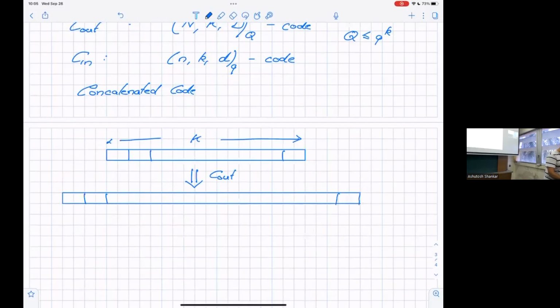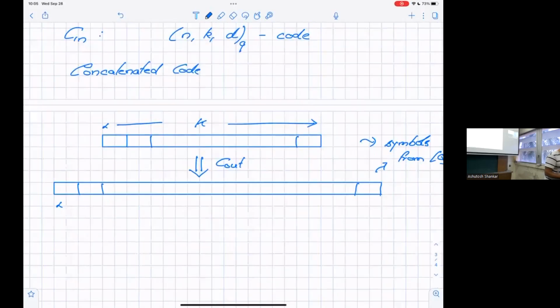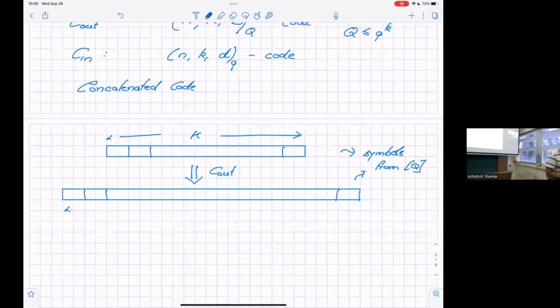These are the symbols from capital Q. And now, so that's the first encoding.